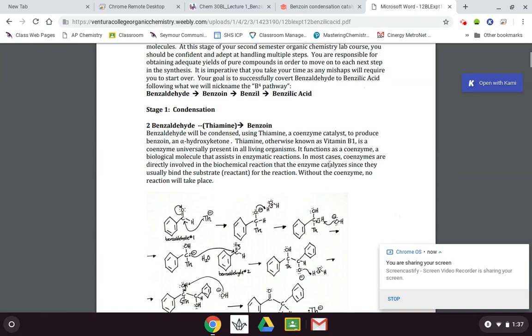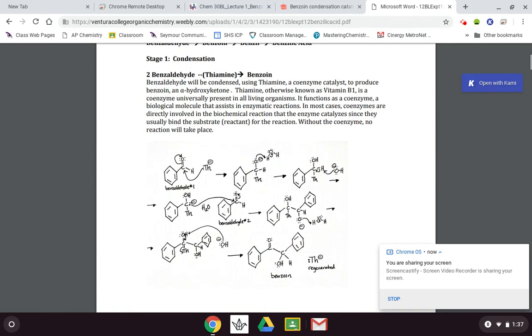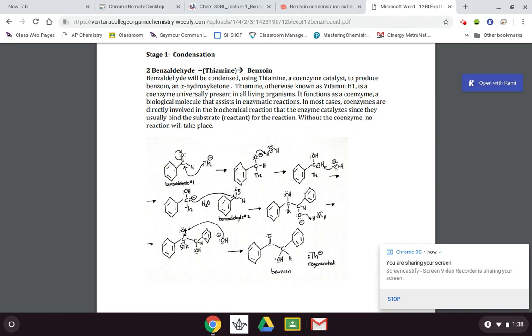So the first reaction that we're going to be dealing with is a condensation reaction of 2 benzaldehyde molecules with one of the vitamins, thiamine, and we'll use the thiamine hydrochloride, a soluble form of vitamin B1.